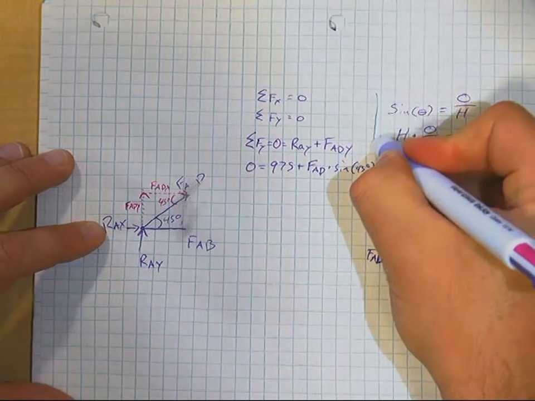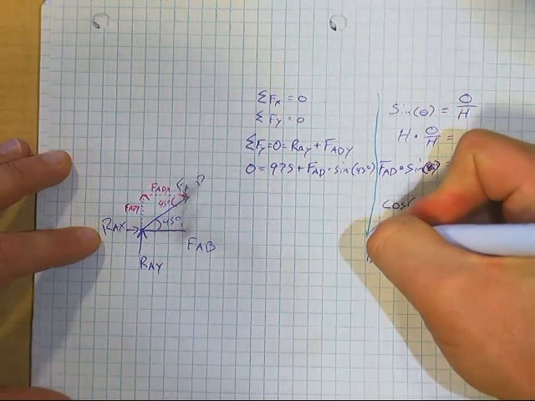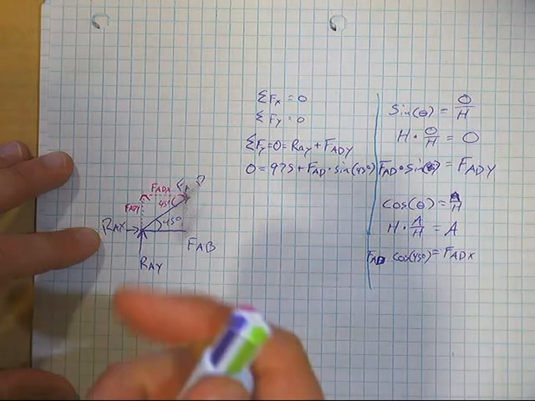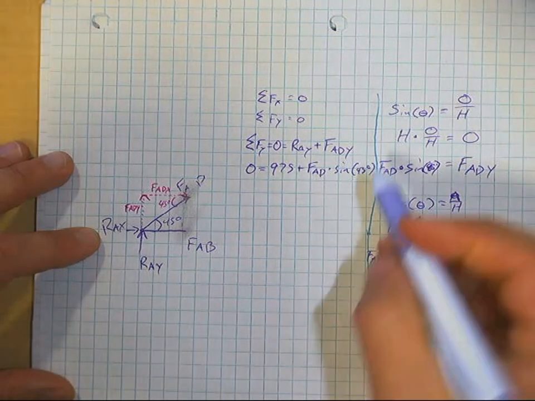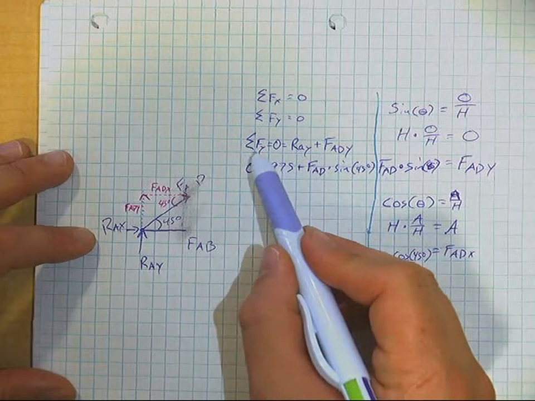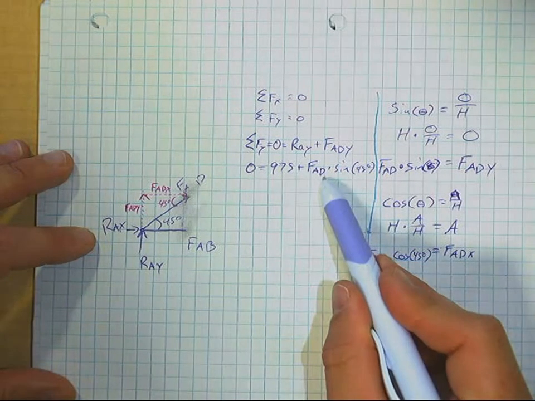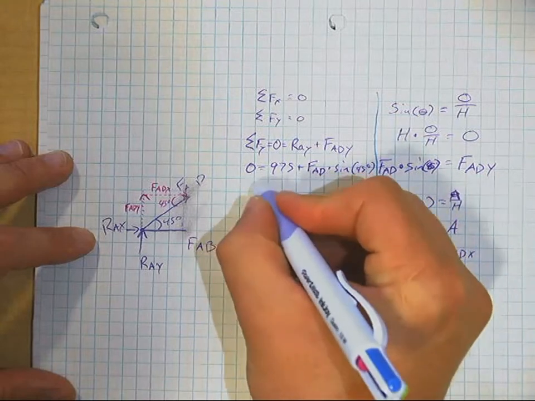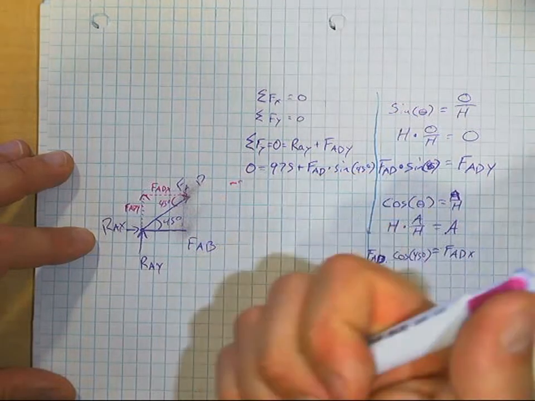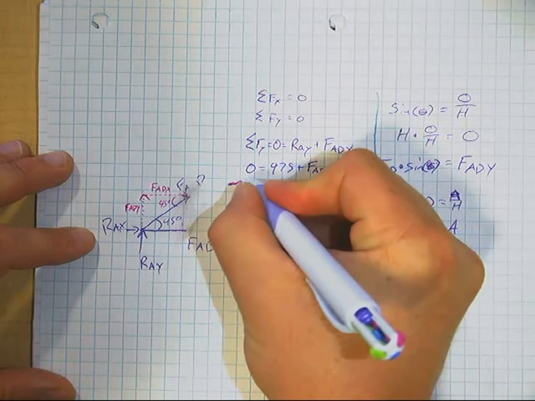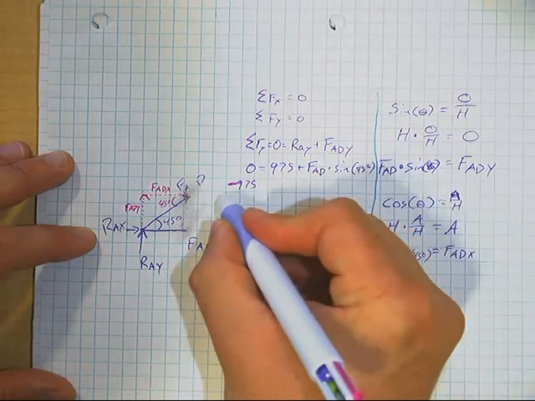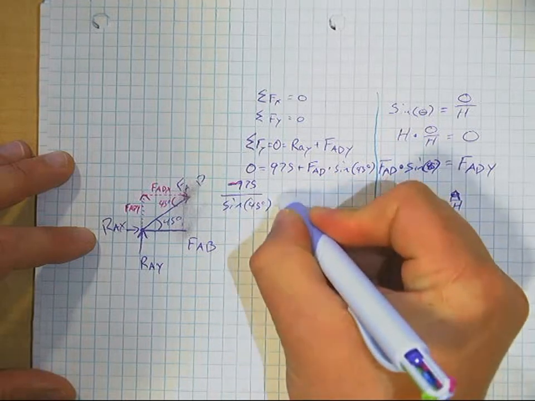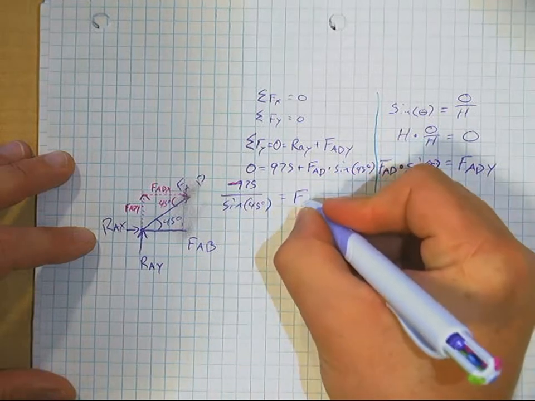Sorry, this was a separating line here. So we get FAD times sine 45. Now this lets us use the sum of the y forces to solve for FAD. We do a little bit of algebra: we add negative 975 to both sides and divide by sine of 45 degrees. That's going to give us FAD.